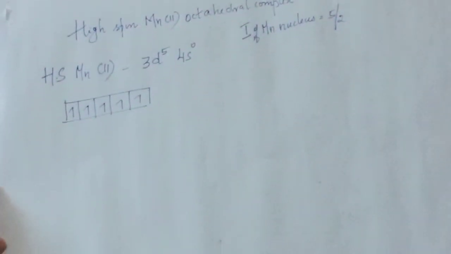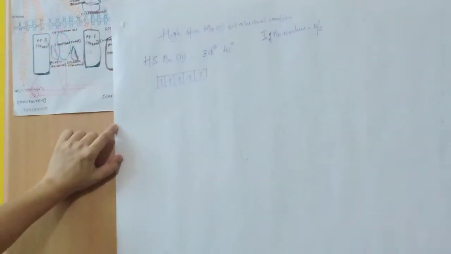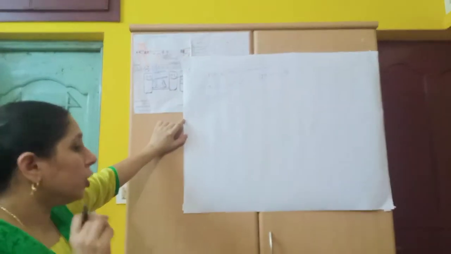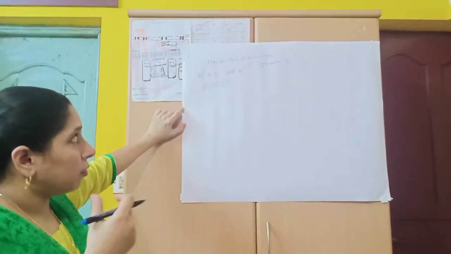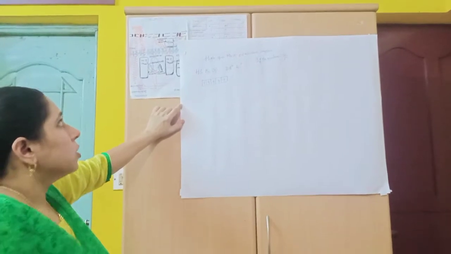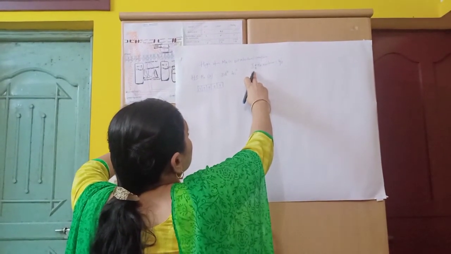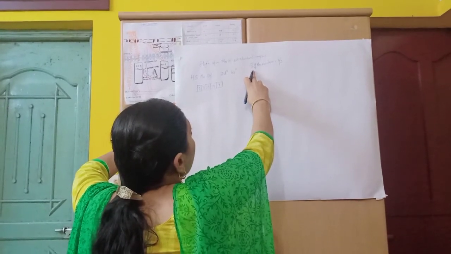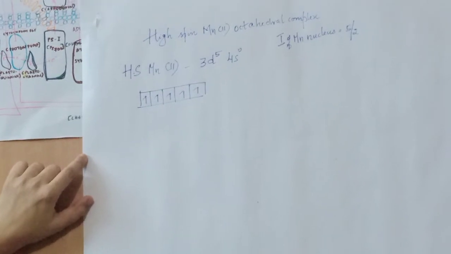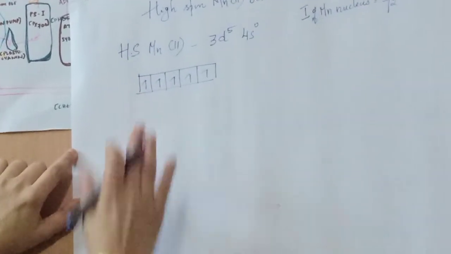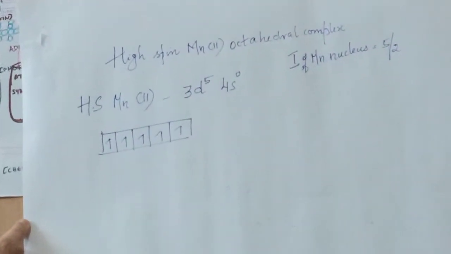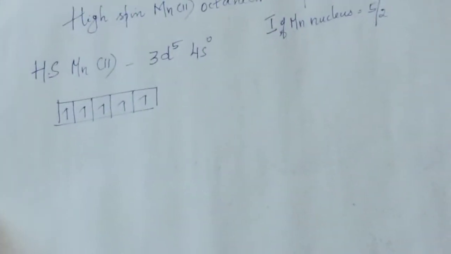And we are considering an example where the ligands have nuclei with I equal to 0. So the only nucleus with nuclear spin quantum number I not equal to 0 in this example is the manganese nucleus. So let us consider the electrons first. There are 5 unpaired electrons.